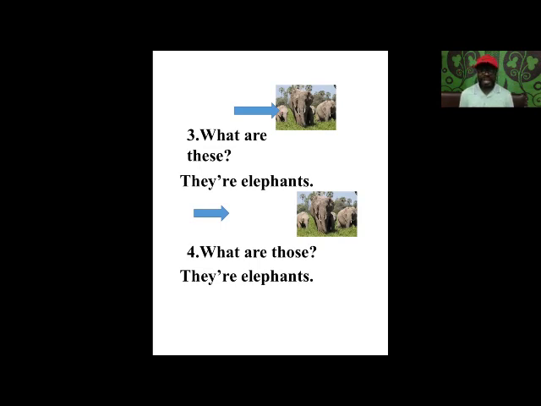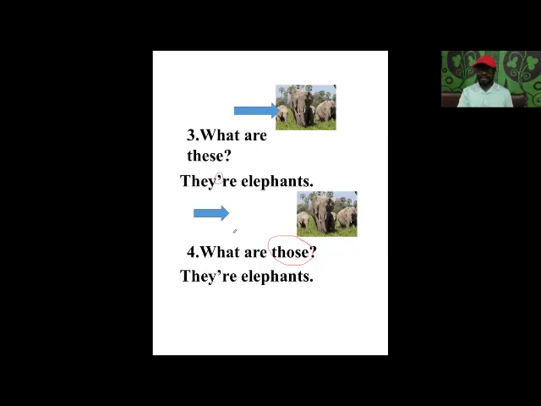Number 3. What are these? The arrow is touching. These, they are many. They are elephants. Contraction. They are, but we remove the A and we put the apostrophe. They're elephants. Number 4. What are those? There are many. Pointing. Those. They are elephants.